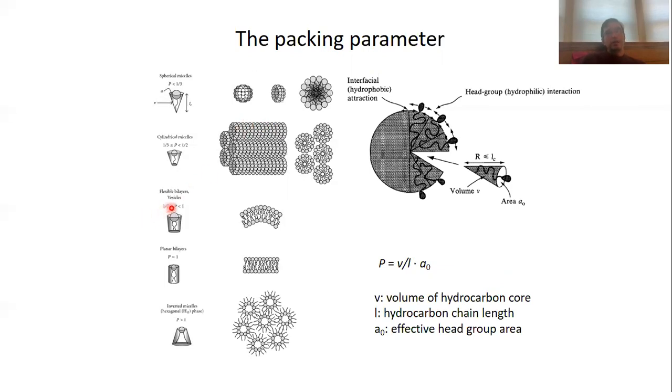When we increase the packing parameter even further, between about 1/2 and 1, then we have almost a cylindrical shape already, so the curvature becomes even smaller. As a result of that, we can form flexible bilayers and vesicles. And at a packing parameter of 1, we can expect planar bilayers because there's no driving force for a curvature anymore.